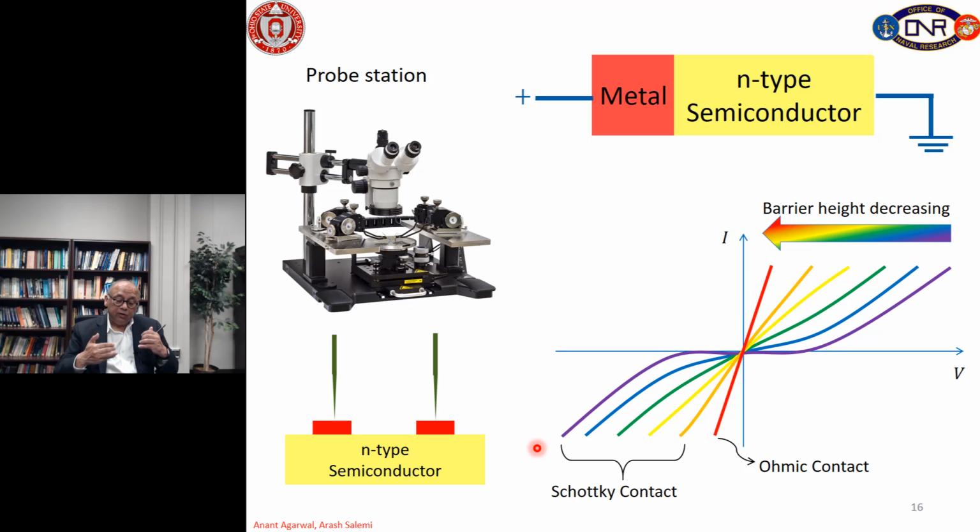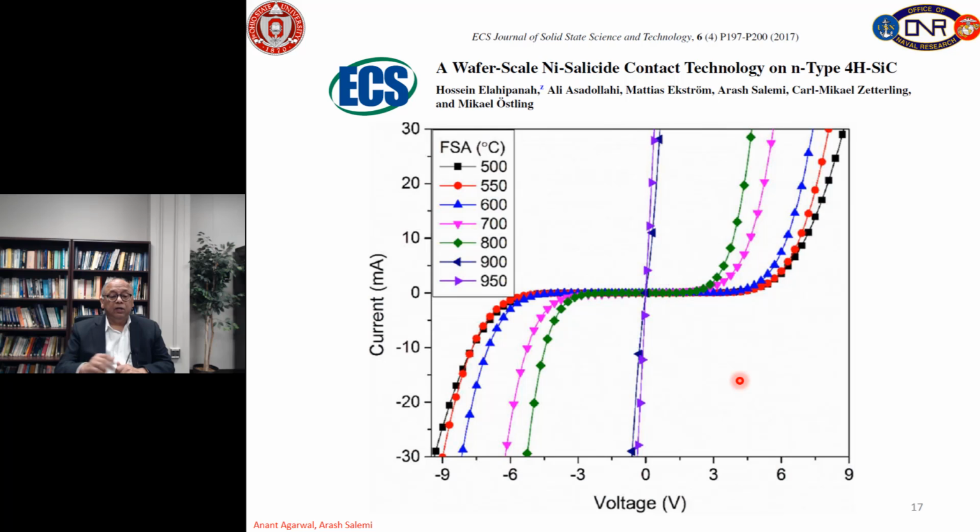Now, if we anneal the contact at very high temperature, something like 900 degrees C, we will form what is called the ohmic contact, because nickel would make a certain phase of silicide and we will have a good contact.